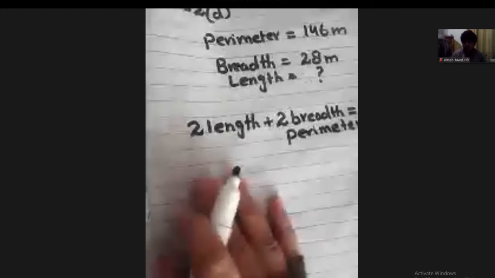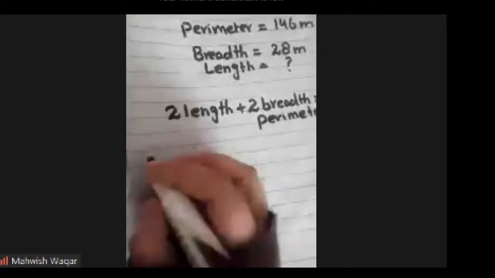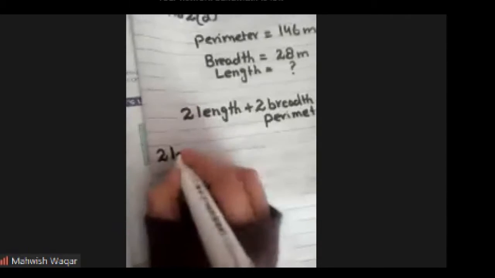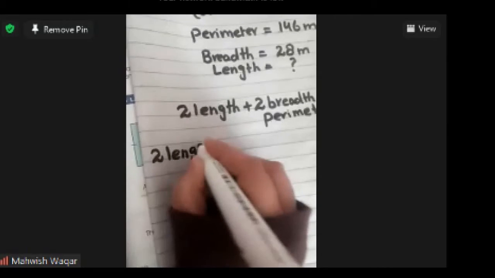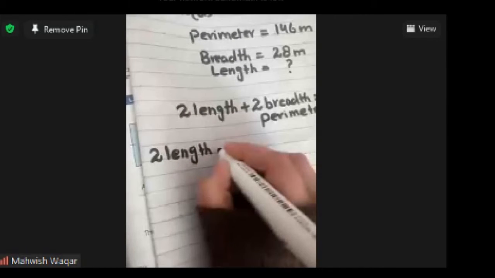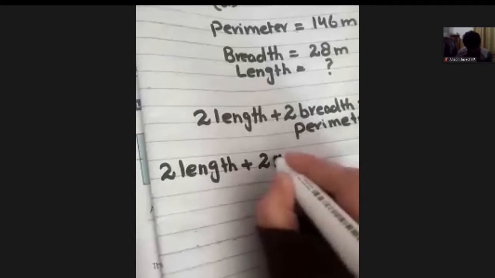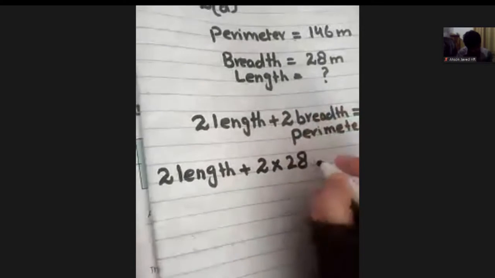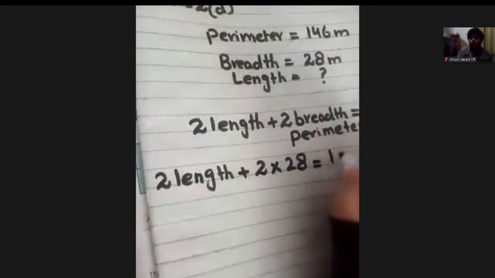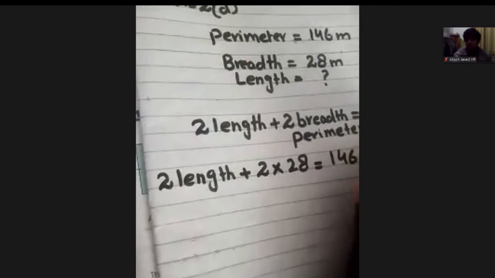So 2 times length we don't know, we will write 2 length, plus 2 times breadth. What is breadth? That is given, multiply by 28 is equals to, what is perimeter? Perimeter is given, 146 meter.